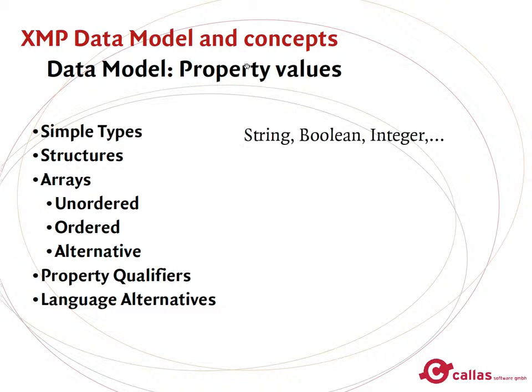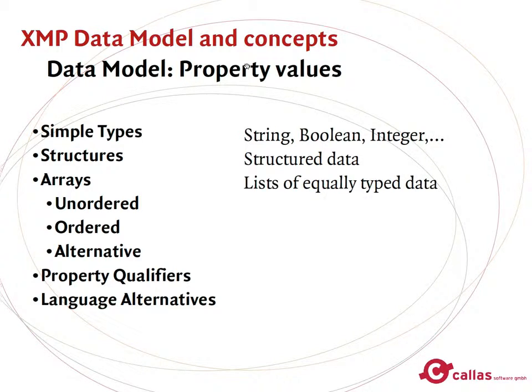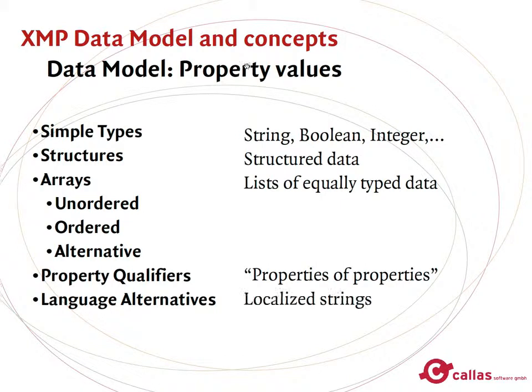Simple types are easy: string, boolean, integer. Structures are structured data, arrays are lists of equally typed data. Property qualifiers are a little bit more complicated. That's some kind of metadata of metadata, properties of properties. And language alternatives are mainly for localized strings inside the XMP metadata.